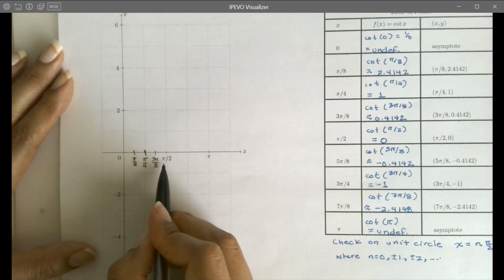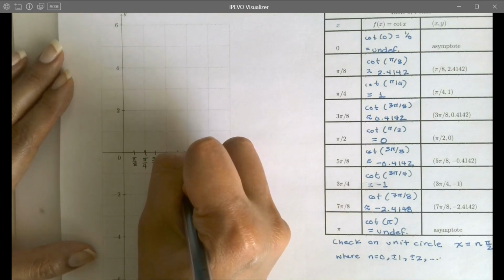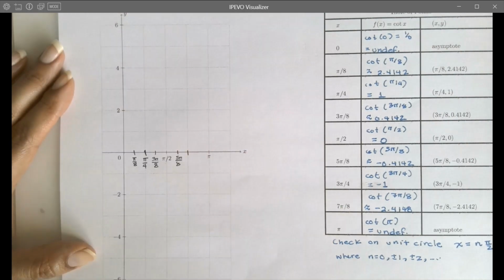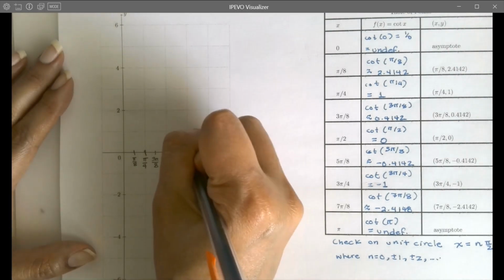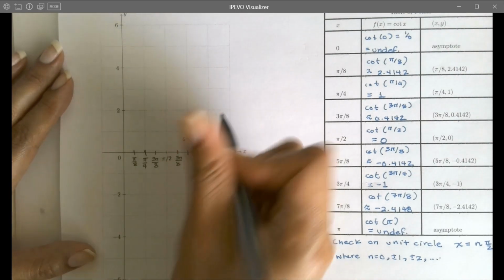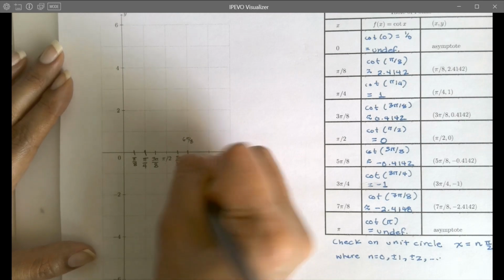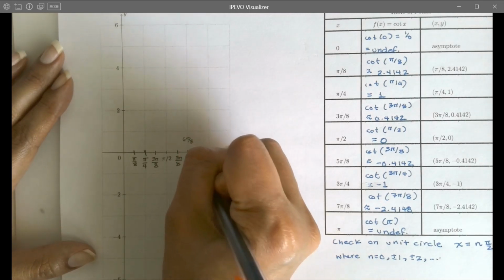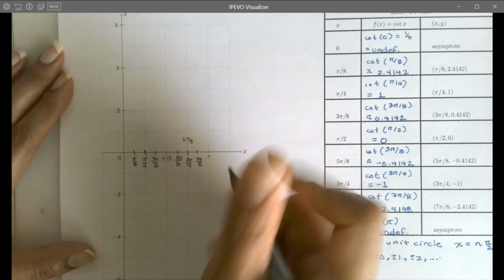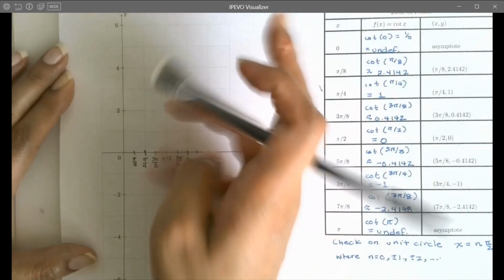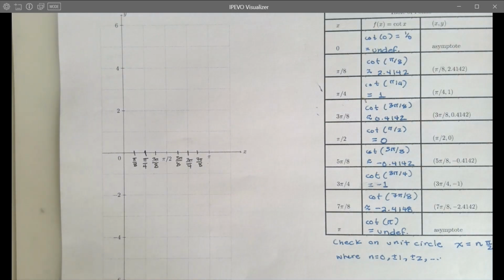This will be 4 pi over 8, followed by 5 pi over 8, 6 pi over 8. Okay, so 6 pi over 8, but that reduces to 3 pi over 4. Then we have 7 pi over 8, and finally 8 pi over 8.